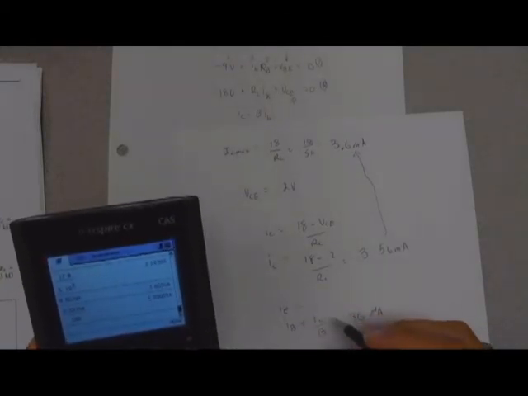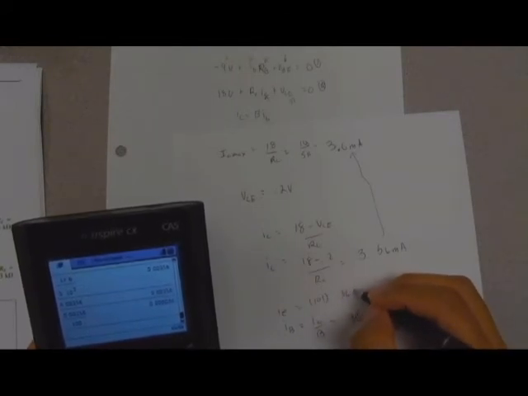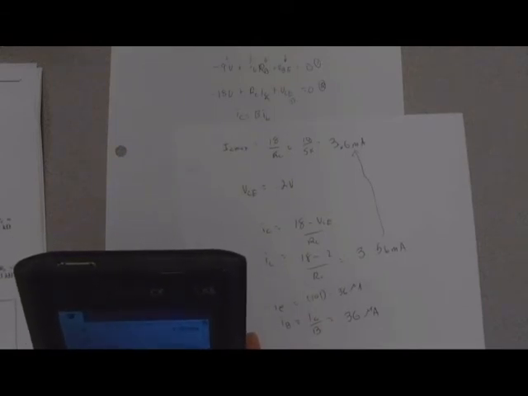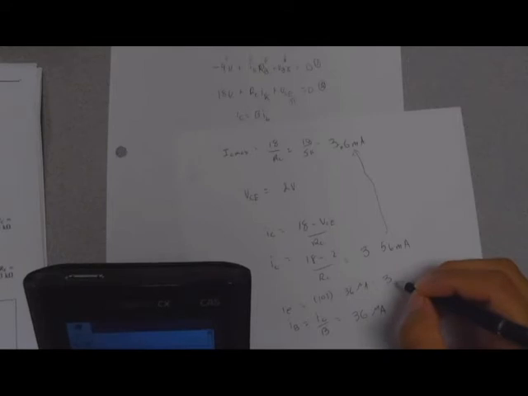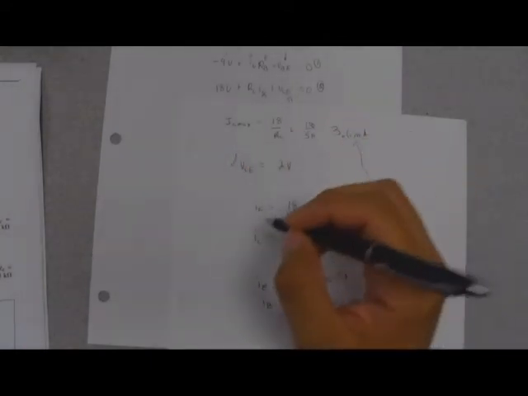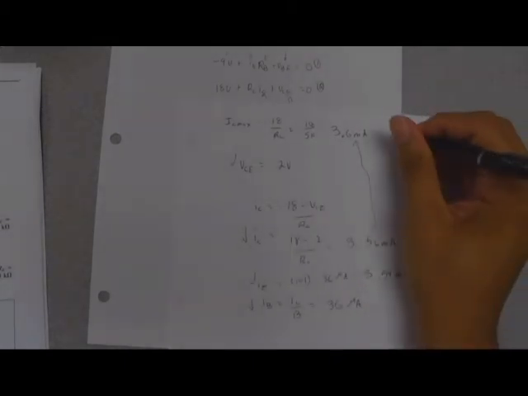And IE should be 101 times 36 microamps, so it's approximately equal to 3.59 milliamps. And so now we have VCE, IE, IB, and IC for the case where RE is equal to 0.